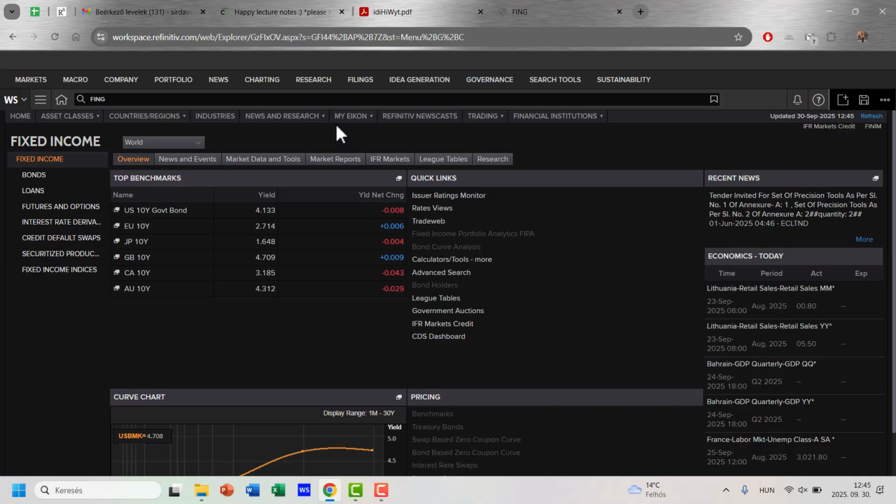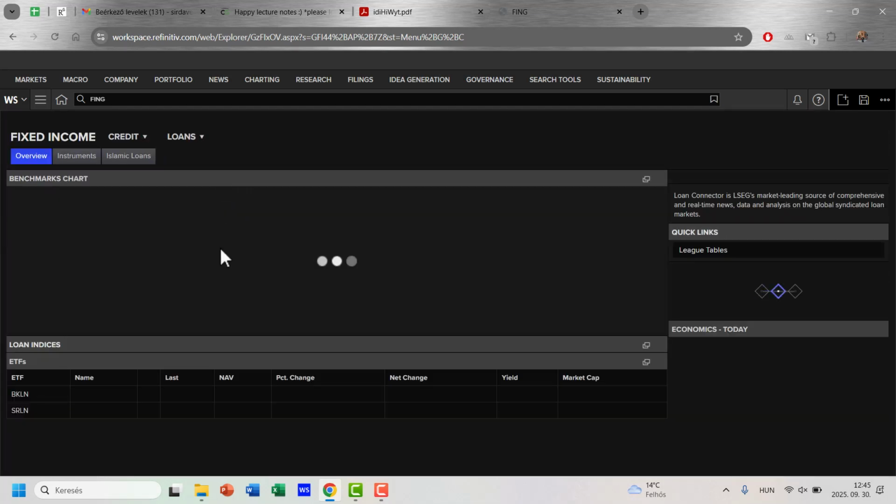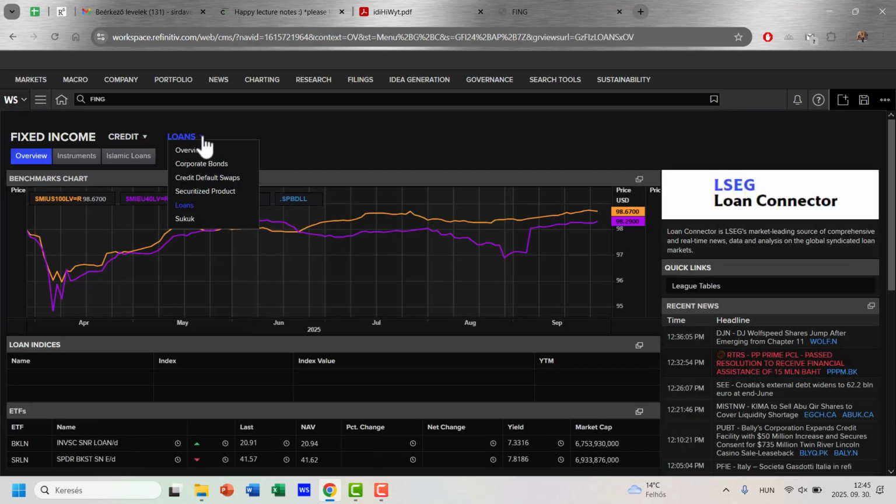Yes, it's in loans. And in the loans menu, there's supposed to be the corporate bond. Wow, I was able to find it on the first approach.